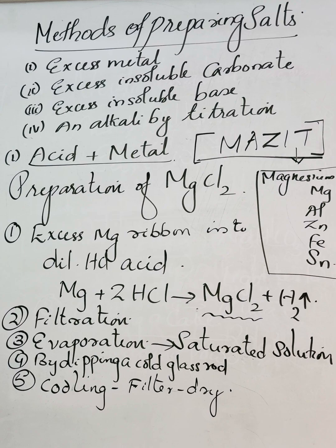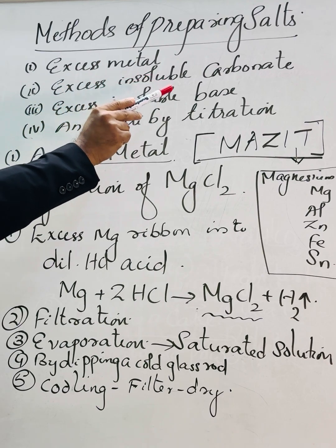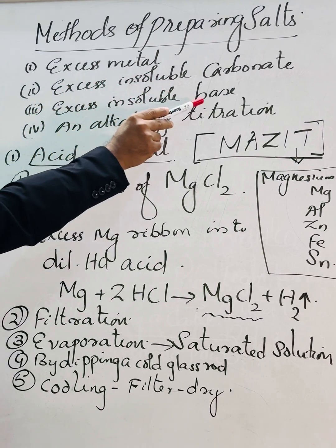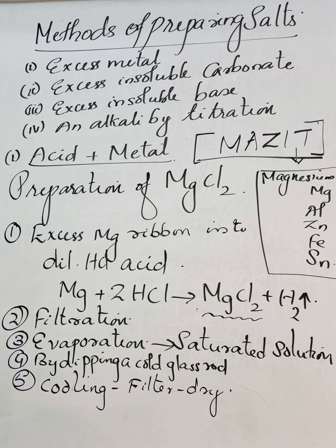I will explain once again. There are 4 methods that can be used for the preparation of salt. The first one is excess metal, excess insoluble carbonate, excess insoluble base, and alkali by titration. The first one is acid plus metal. Acid plus metal gives salt and hydrogen.